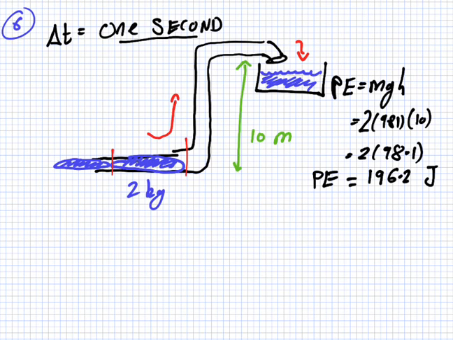Now, the water here, what type of energy does it have? Kinetic, because it's moving in the pipe on the ground. How much is this kinetic energy? Half mv squared, which must be the same, 196.2.